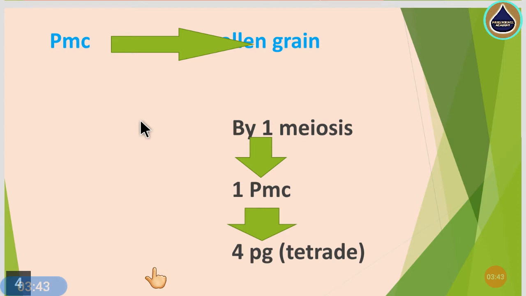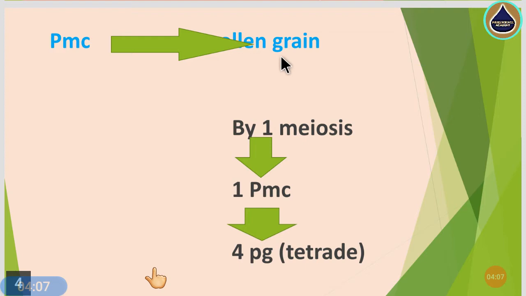So dear students, you can see here there is a term PMC, meaning pollen mother cell. This pollen mother cell is a diploid cell having 2n number of chromosomes, and it is needed for the formation of the pollen grain, because the pollen grain eventually forms the male gamete.